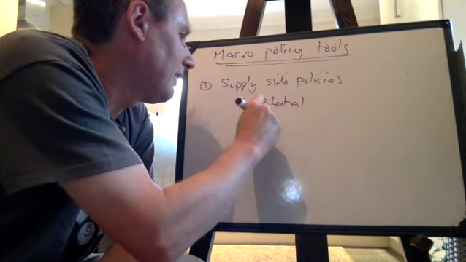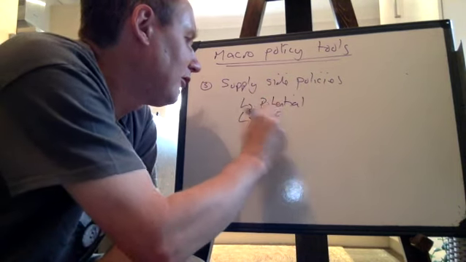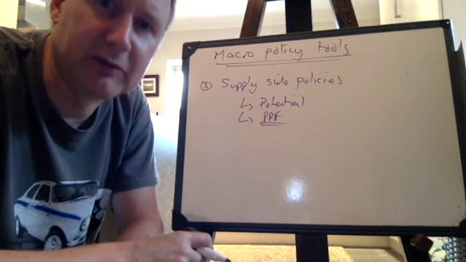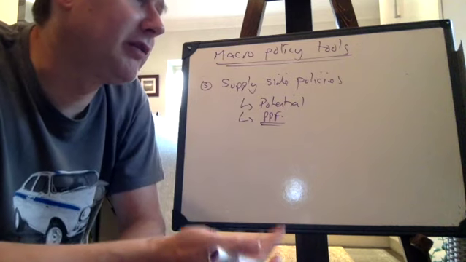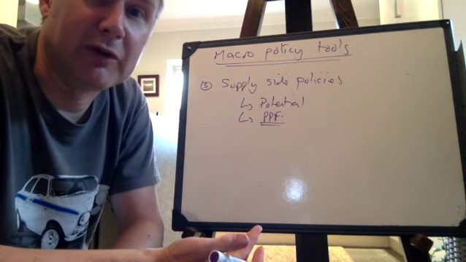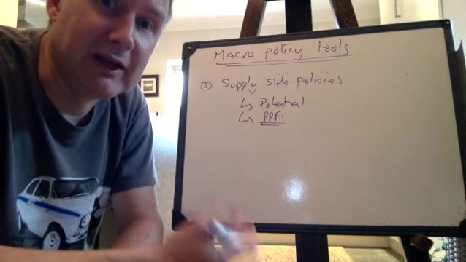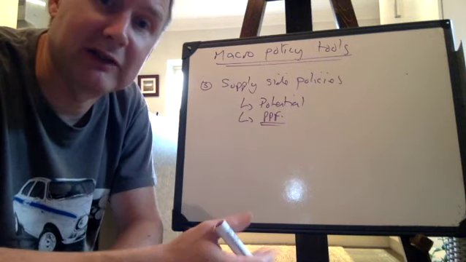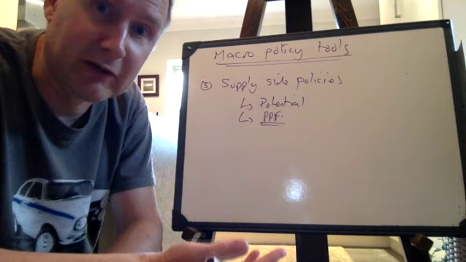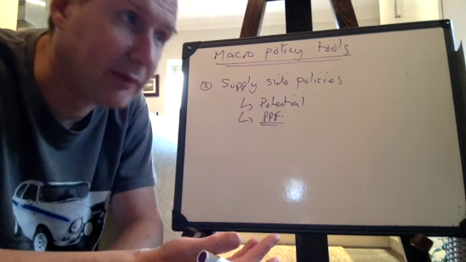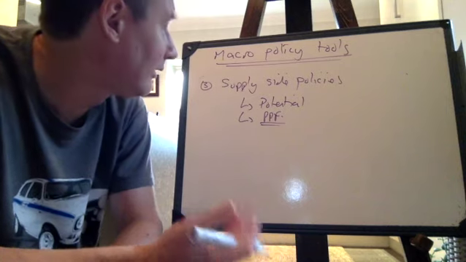A good way of thinking about it is they're policies focused on trying to shift the economy's production possibility frontier, because we know perfectly well that if we want the economy to grow, if we want GDP to rise, then we're going to need to create the capacity, the potential for that economy. Otherwise, we're just going to run up against the buffers and not be able to grow any further.